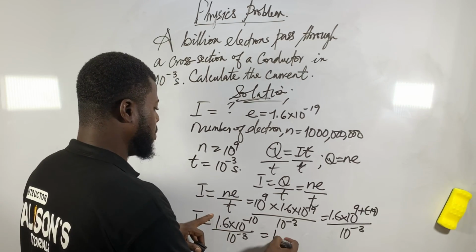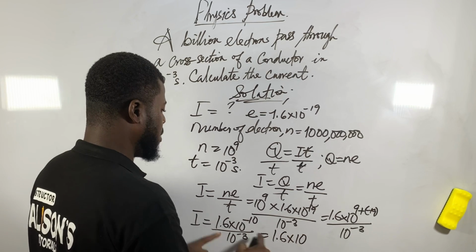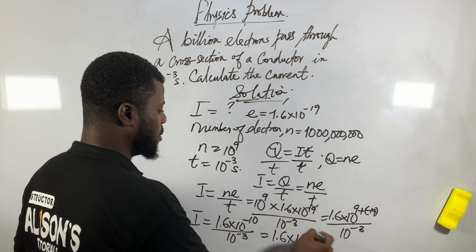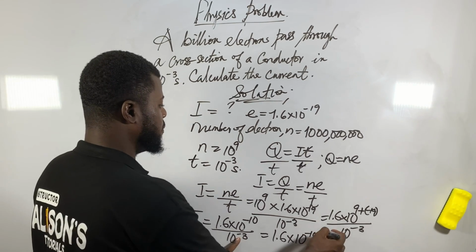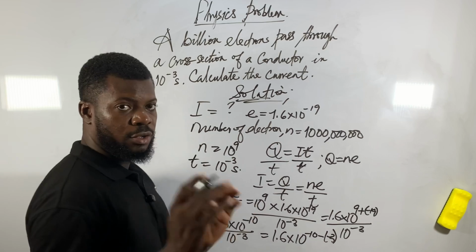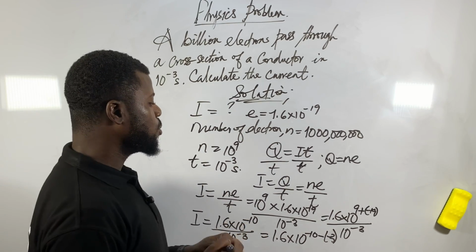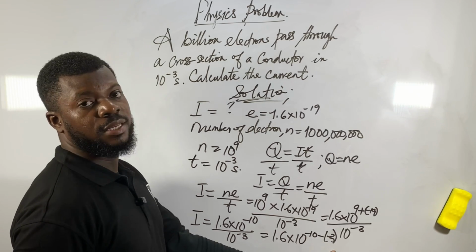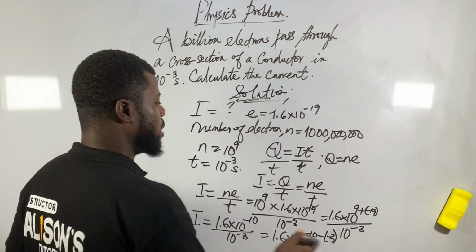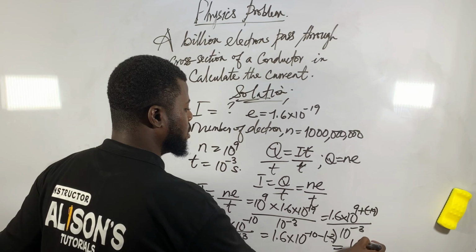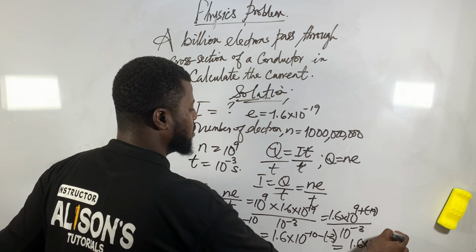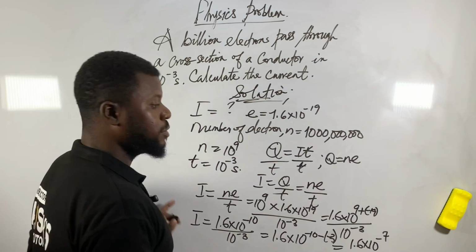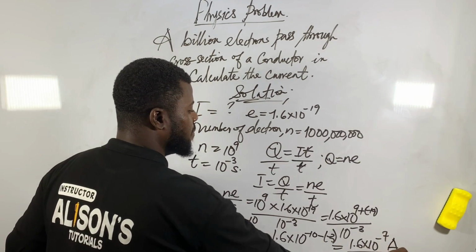So I get 1.6 times 10 to the power of -10 minus -3. Negative times negative gives positive, so -10 plus 3 gives us -7. So the answer is 1.6 times 10 to the power of -7, with the unit of current, amperes. That will be the final answer.